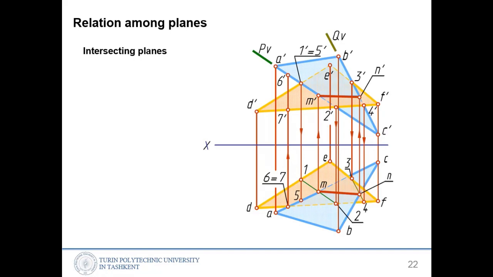It's not a line. It's not a perpendicular projection. Okay, so both are very complex positioned. So we have to find an intersection line between the two planes.